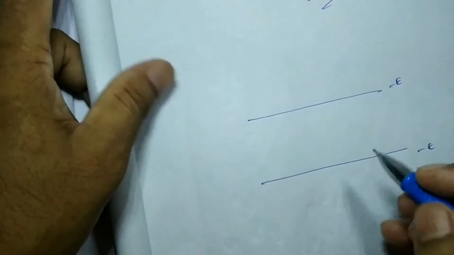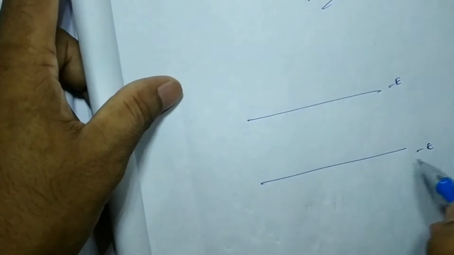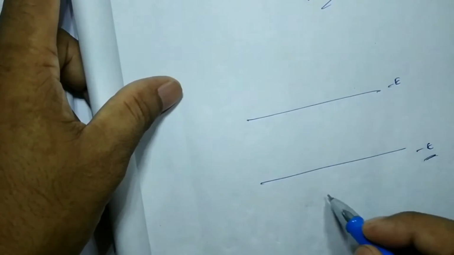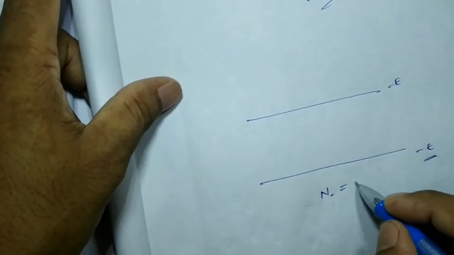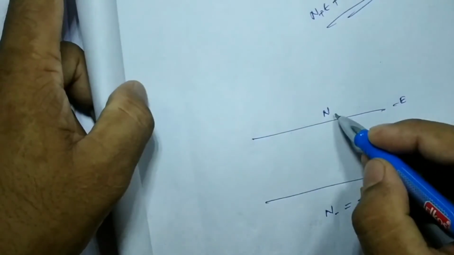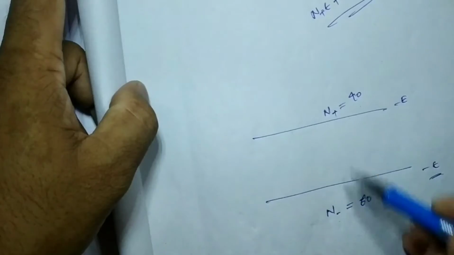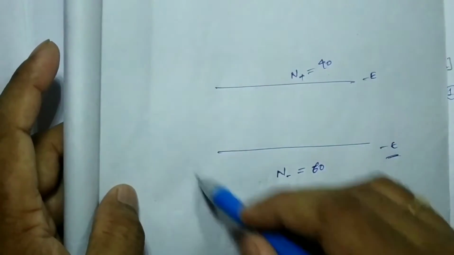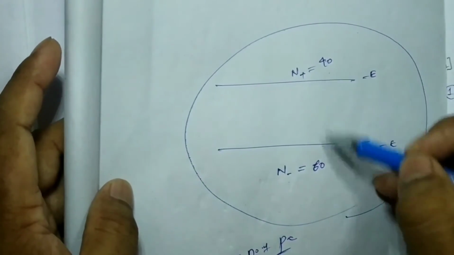Suppose in the energy level minus epsilon, N minus represents the number of particles, and it is 60. Hence N plus will be 40. That means N plus plus N minus will be 100, for the whole system having two energy levels.